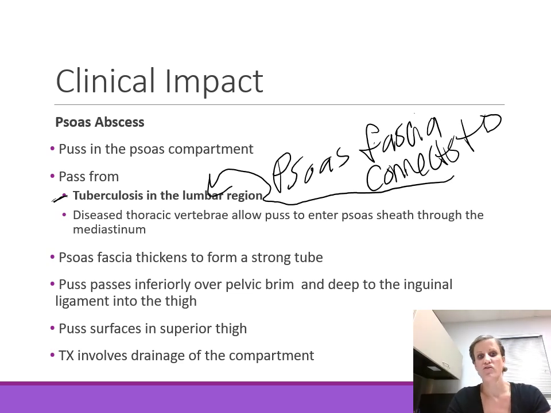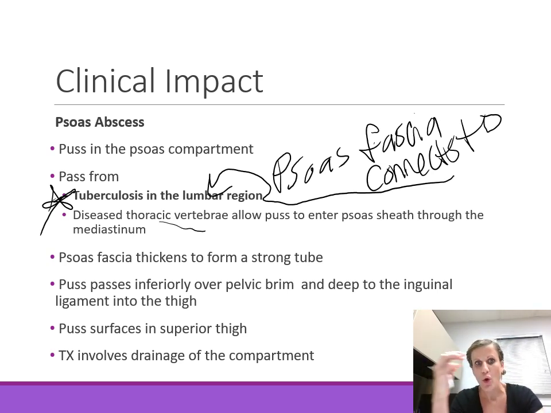And then we can have infection and pus accumulation in the psoas compartment. Also, if tuberculosis or some disease is present in the thoracic vertebrae, it can also pass to the psoas fascia more superiorly through the mediastinum, but this is not as common. Typically, it happens when the infection is present in the lumbar region, again because the fascia connects directly to the lumbar vertebrae, so it's a really close, easy jump from one to the next.